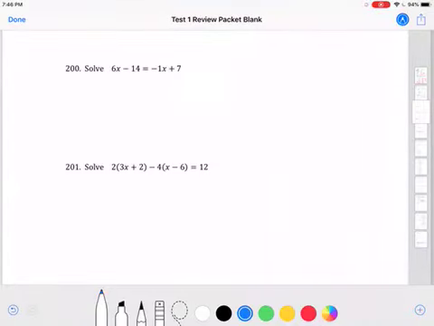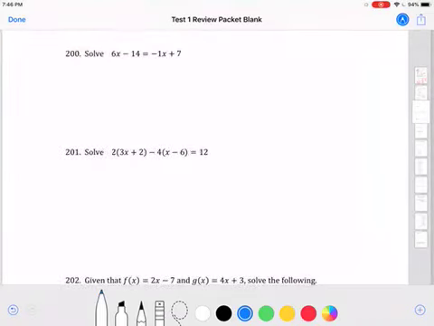All right, getting more into solving equations. So for 200, when you are trying to solve an equation, all it says is solve. Your goal is to get the variable by itself. Now, in this case, where you have an x on both sides of your equal sign, notice right here, draw the line if that helps you. You have to get them together in some way, and because they're on opposite sides, that means you have to do the opposite operation.